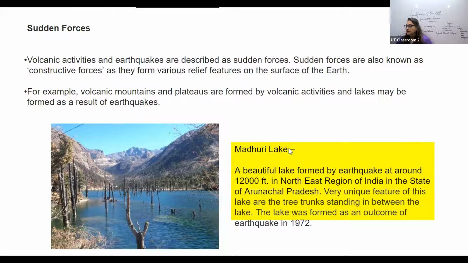You can all add that in addition. Madhuri Lake, Arunachal Pradesh, formed by earthquake in 1972.